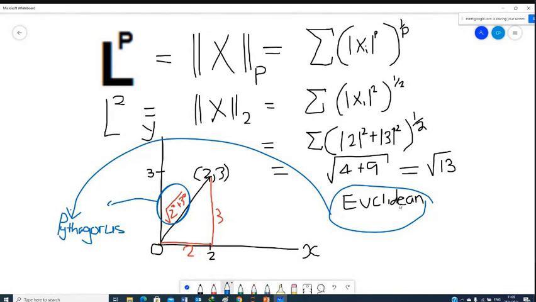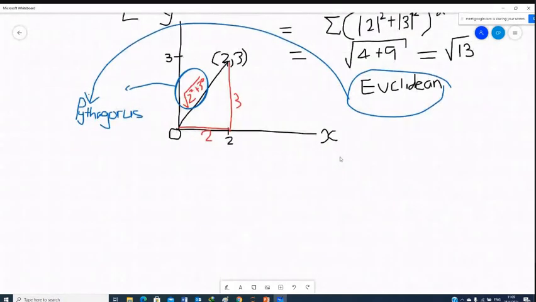Then you might ask, why is this important?